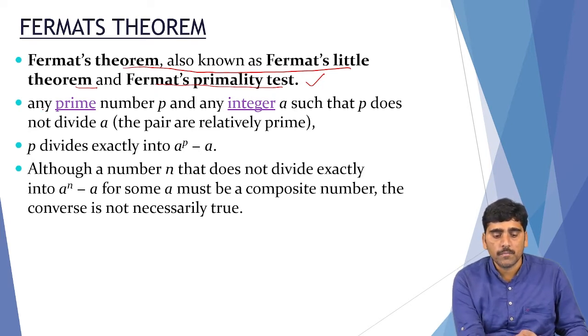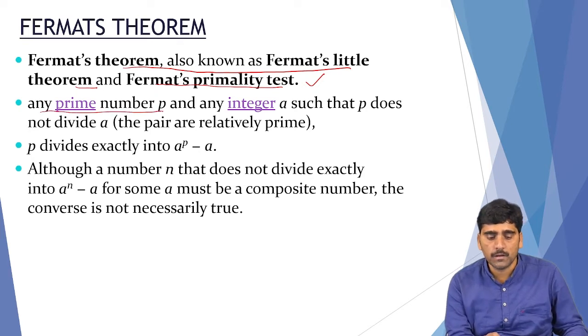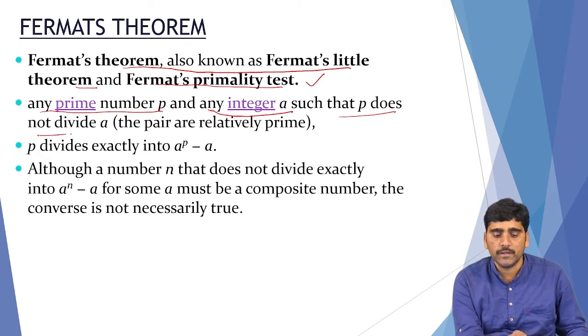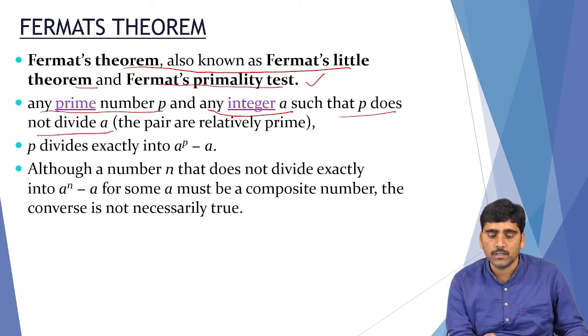Take any prime number p and any integer a. You can take any positive integer value and any prime number p, such that p does not divide a. Suppose p equals the prime number 3 and a equals the integer 2.